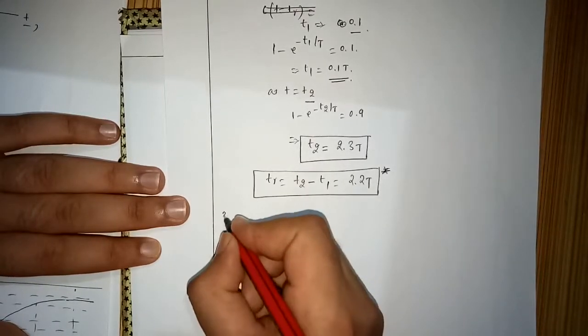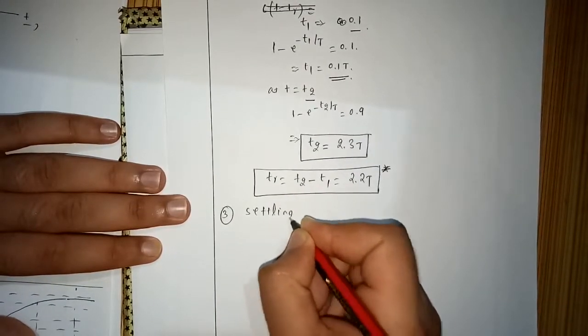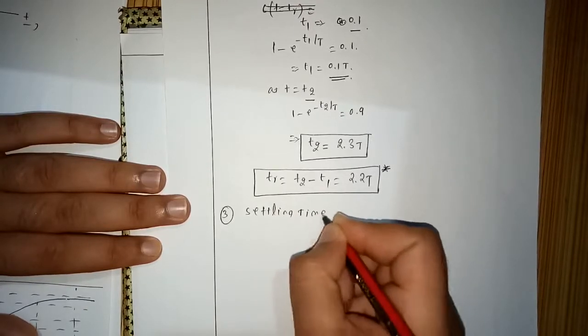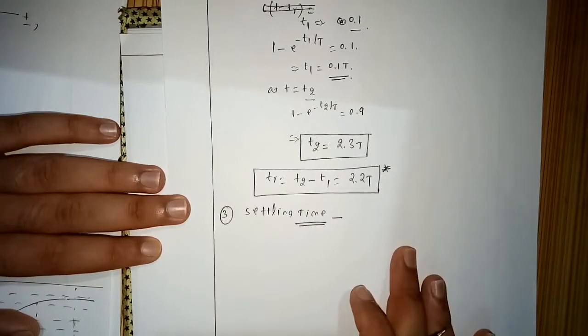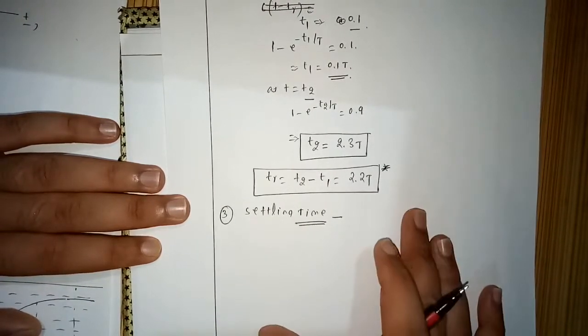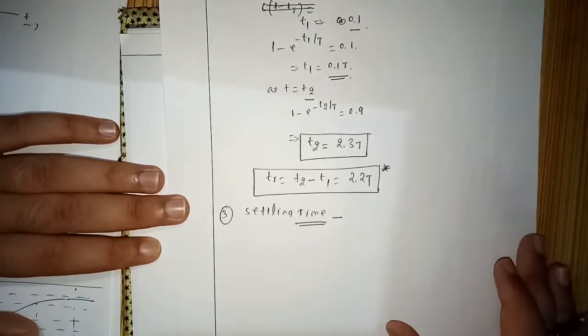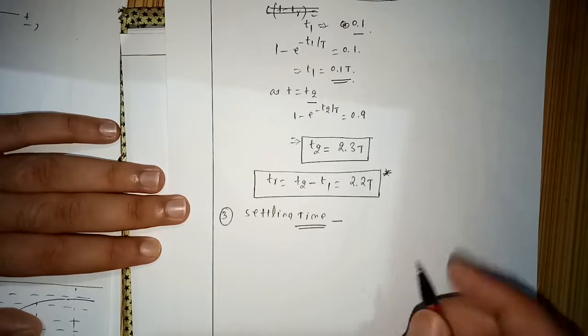Now the third thing is settling time. Settling time means the time taken by the step response to reach its 100% final value and stay within that.